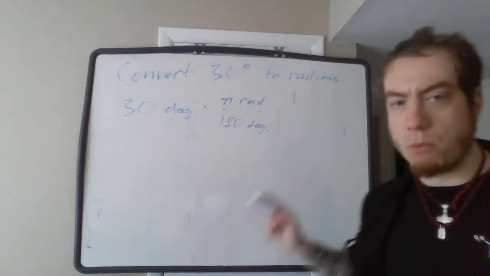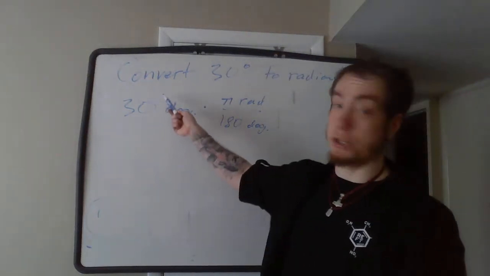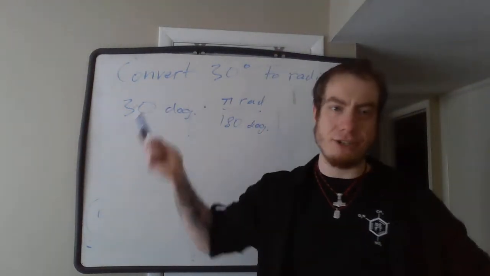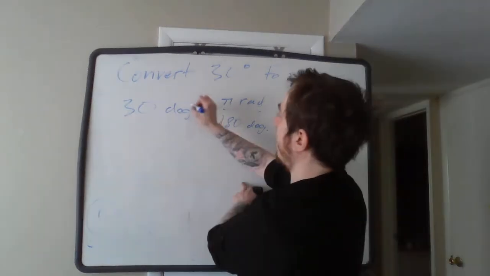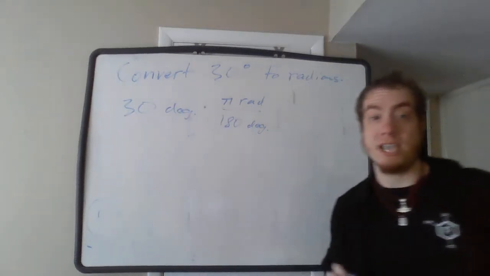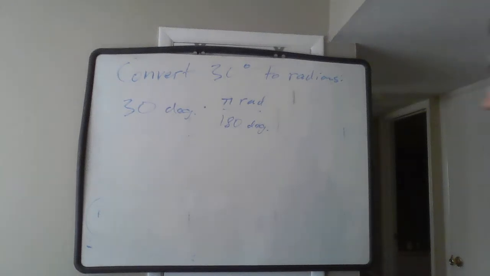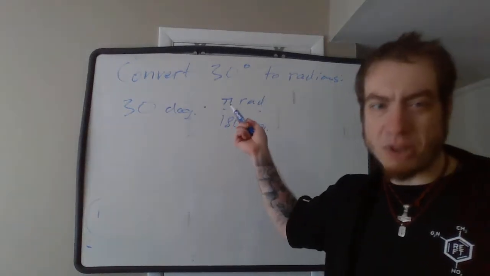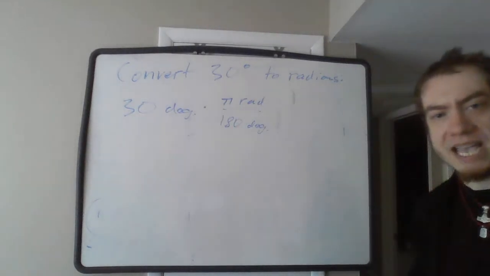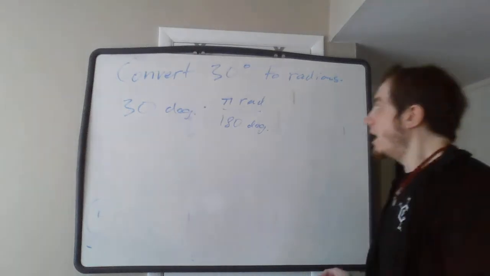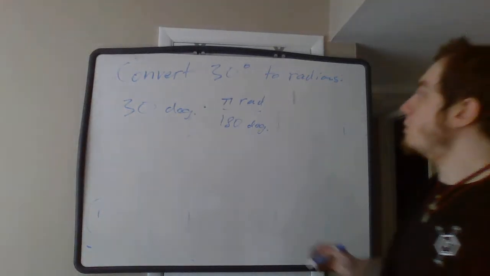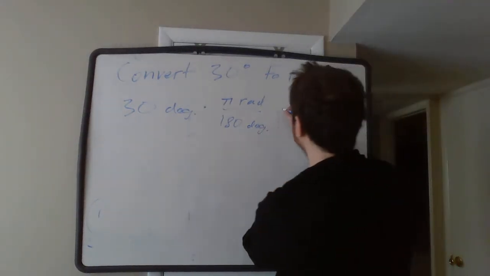Now, you might notice that when I wrote this, instead of using the little degree symbol, I wrote out degree. That's just so that I can do this. I want to say, hey, I just canceled out my degrees. If I just had a little degree symbol, it'd be very difficult to do that in a way that would be easy to see.